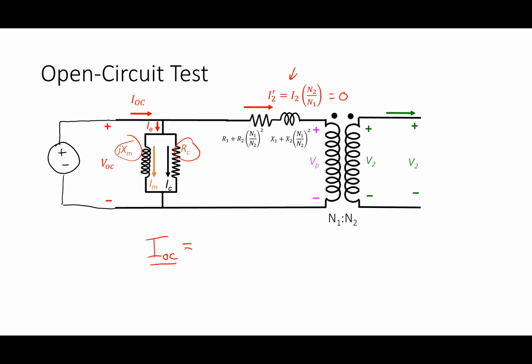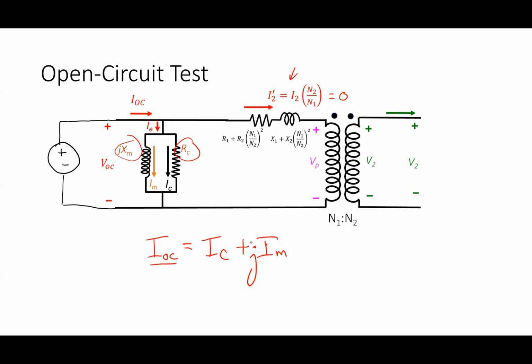What would be the real part and what would be the imaginary part? Yep, just a KCL says IC plus IM. IM should be entirely imaginary, IC should be entirely real. So this basically becomes that.